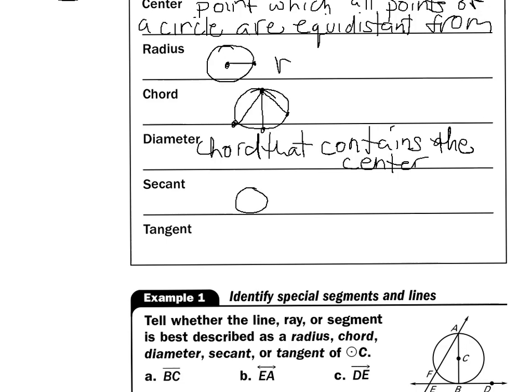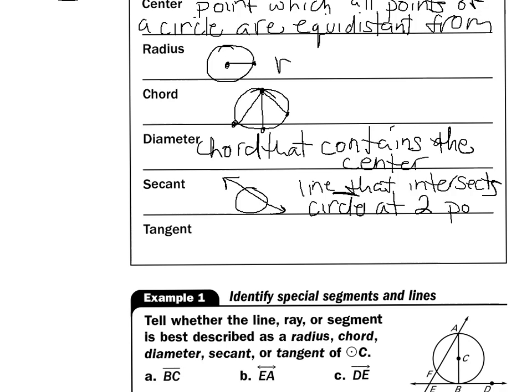It's not a line segment, and it intersects at 2 points. Okay, now a tangent is a line that intersects or touches the circle only at 1 point. So it barely touches it.